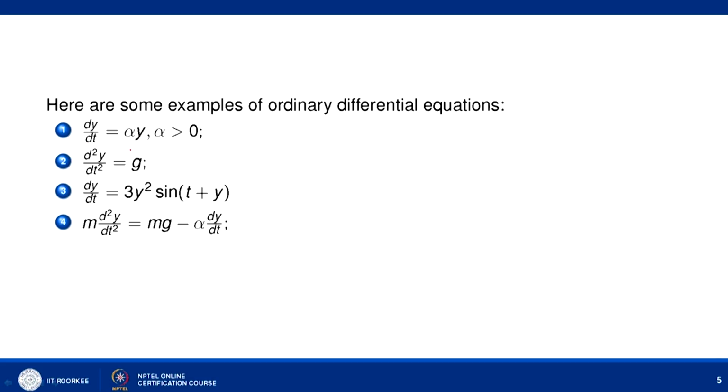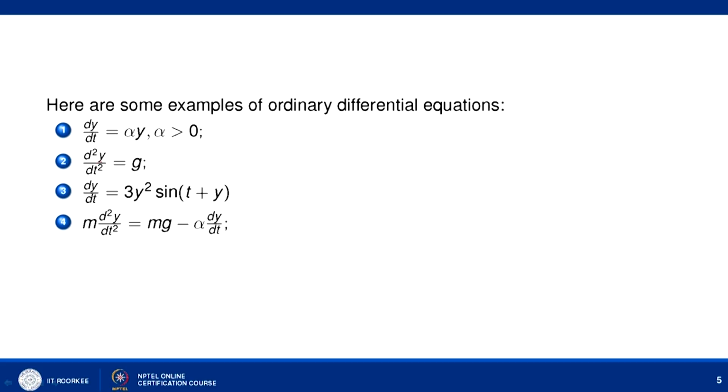If you look at the second equation, d²y/dt² equal to g, basically this is what you get when you consider a particle falling from a particular point; it represents the equation governing the motion of that particle.